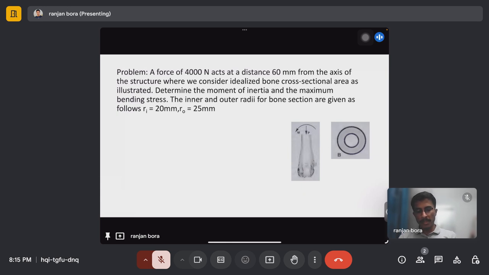The problem is a force of 4000 Newton acts at a distance 60 mm from the axis of the structure, where we consider idealized bone cross-sectional area as illustrative. Determine the moment of inertia and the maximum bending stress. The inner and outer radii for the bone section are given: Ri 20 and Ro 25 mm.